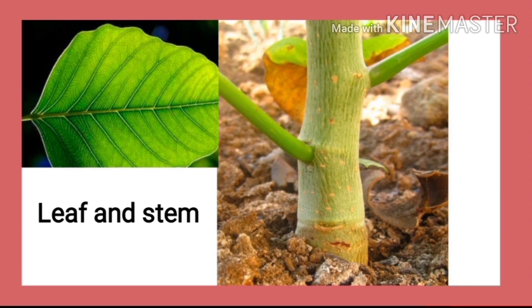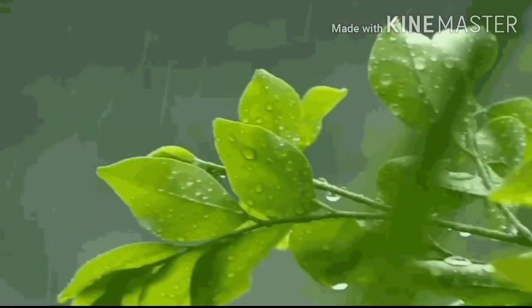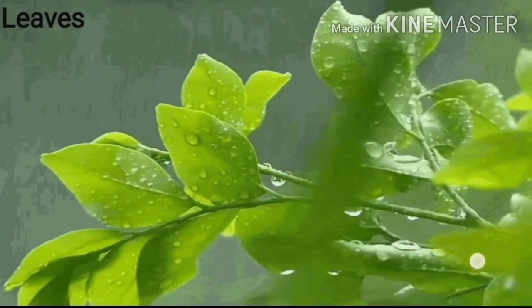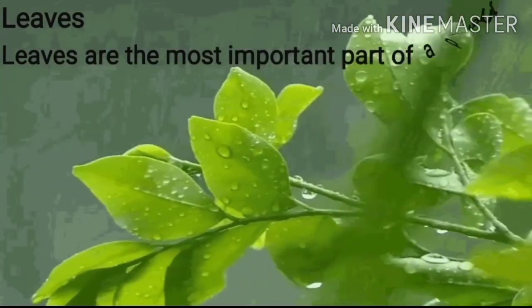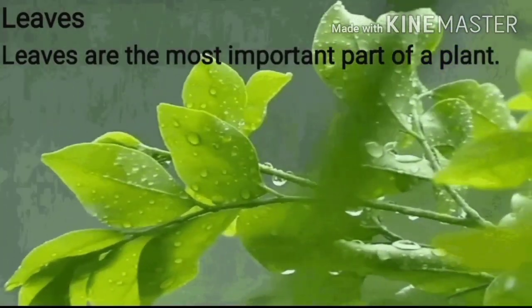Children, now tell me which part of plant you can see here. So, yes, good. Here you can easily see leaf and stem. Okay. So children, leaves. Leaf is one of the most important part of the plant.